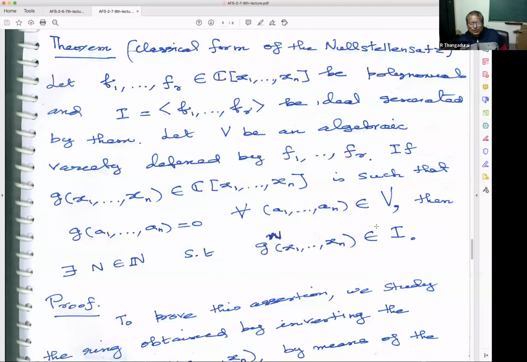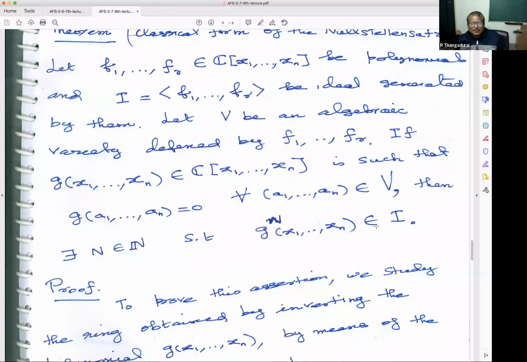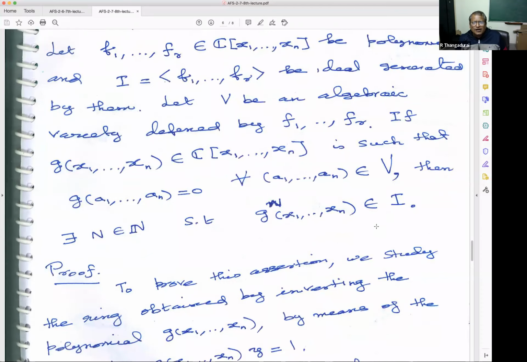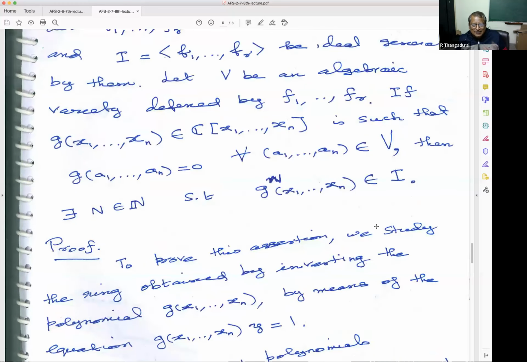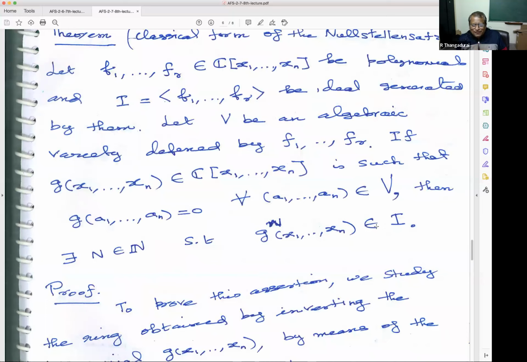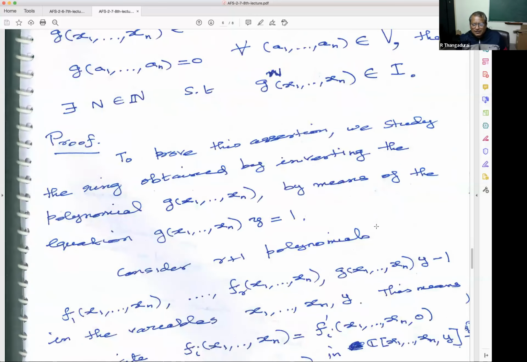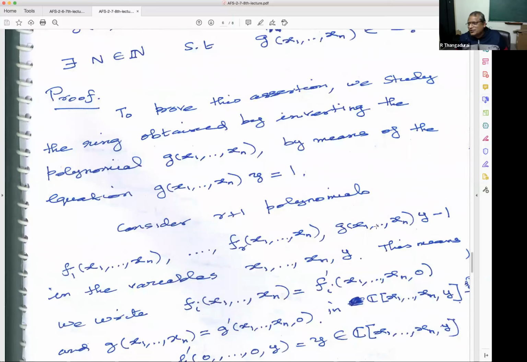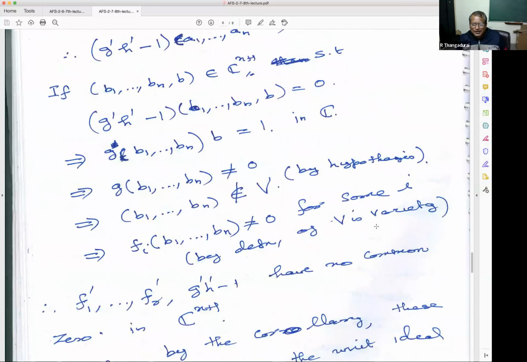That is the link between variety and the quotient ring. And this says that if any other polynomial is vanishing on the variety, then a power of that polynomial will lie inside the generating ideal. This is for today.